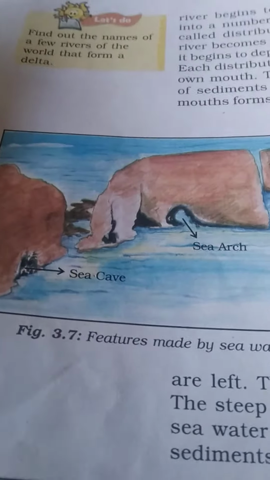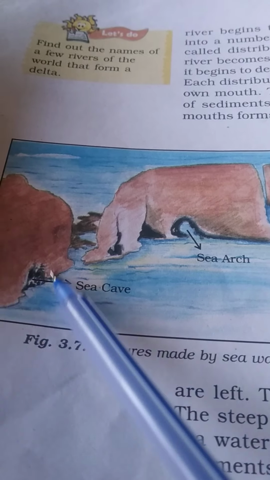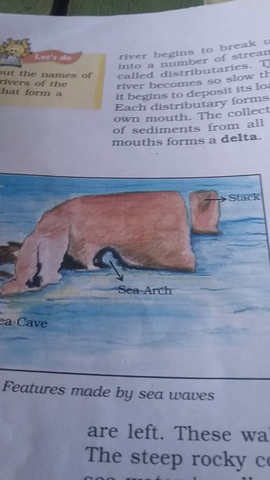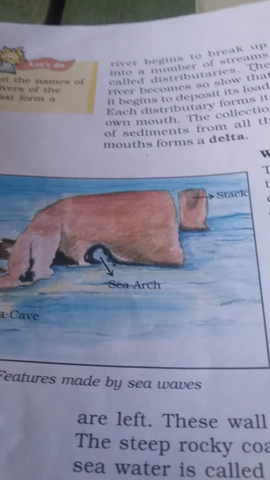It is very simple. In simple language, when the seawater hits the rocks, it breaks the small particles of the rock and forms a cave-like structure, which is known as a sea cave. Next, as these cavities become bigger and bigger, only the roof of the cave remains, thus forming sea arches.